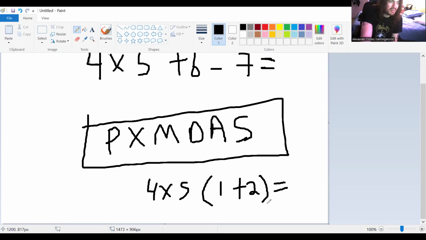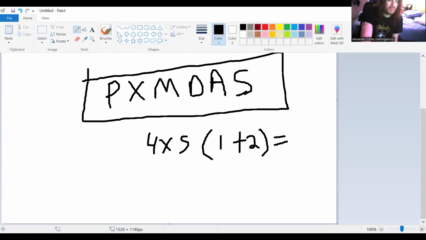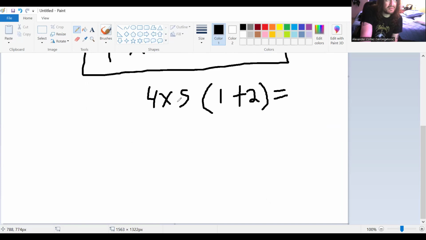In this one, we would first do the things that are in parentheses, and the things in parentheses still follow the order of operations. Since there's only addition here, let me make this a little bit bigger. First we would solve that. We wouldn't do this yet.